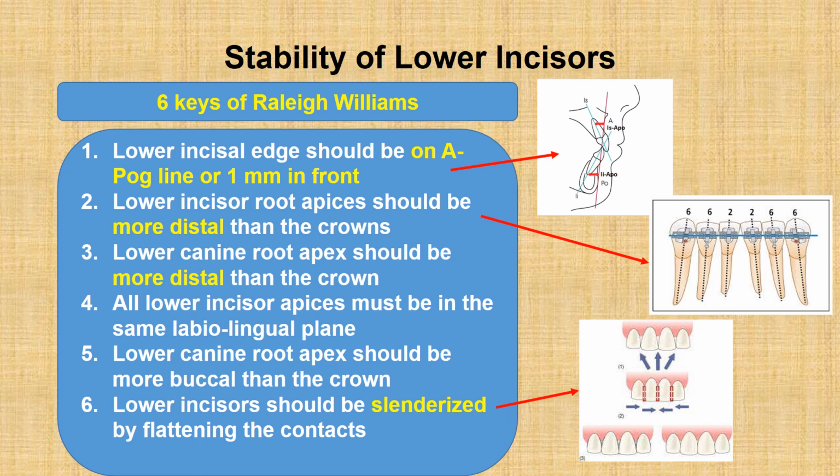Now, the lower incisor root apices should be more distal compared to the crowns, and this applies to the lower canine root as well, and all the incisor apices must be in the same labiolingual plane, and the lower canine root apex should be more buccal than the crown, and lower incisors should be slenderized by flattening the contacts. This is because it is believed that a flat contact will hold the tooth in better alignment compared to original rounded contacts.